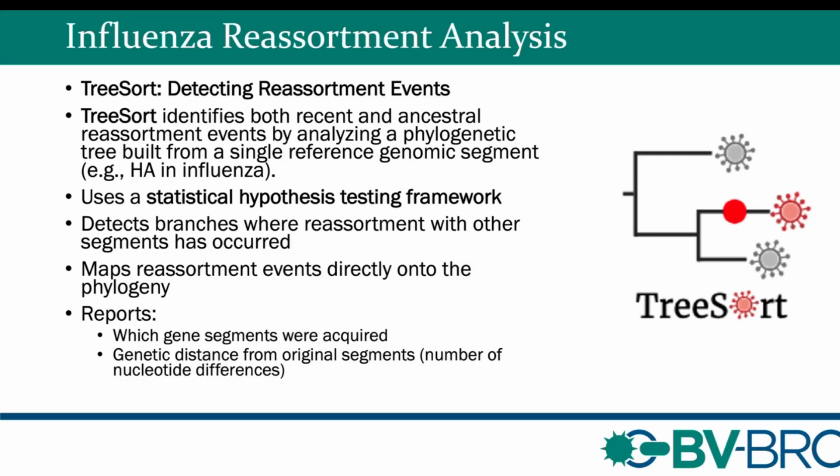It then uses a statistical hypothesis testing framework to detect branches where reassortment with other segments has occurred. It maps those directly onto the phylogeny, and then you get reports about which gene segments were acquired and the genetic distances from the original segments, counted in number of nucleotide differences.